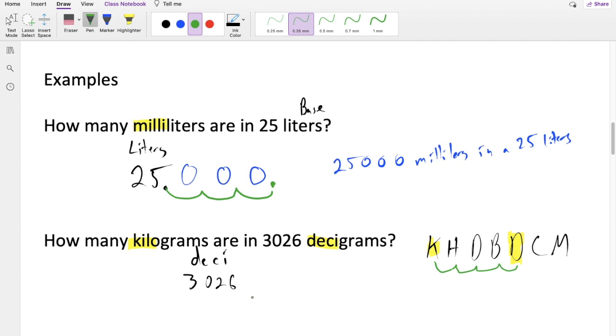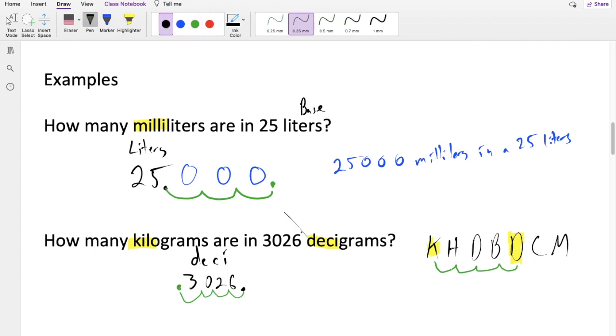So I'm going to come over to this decimal, which is going to be after the 6, and I'm going to do 1, 2, 3, 4 loops to the left, and place my new decimal.